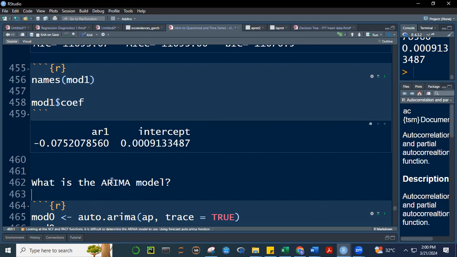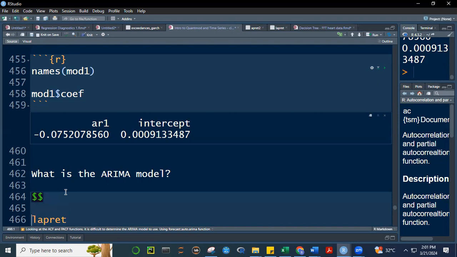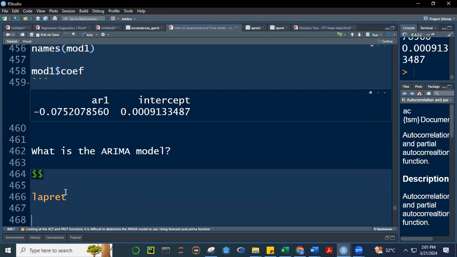Sulat muna natin, what is the ARIMA model? Let's answer this, class. What is the ARIMA model? Copy natin to. So our log AP ret, lagyan natin ng sa log AP ret at time t is equal to.